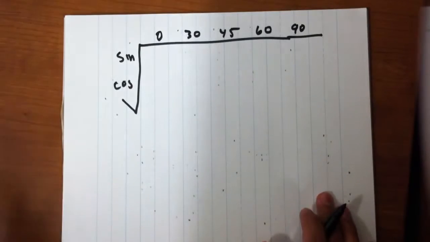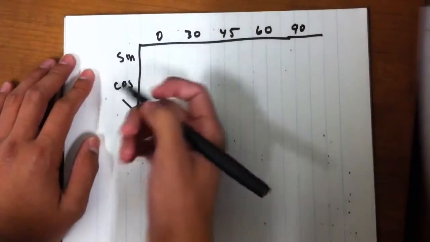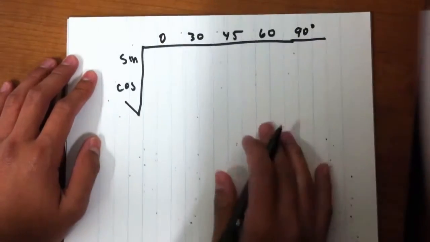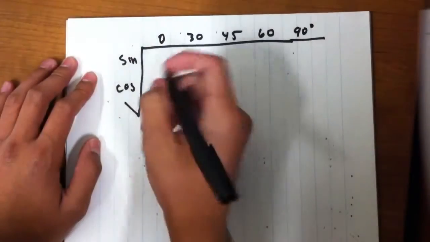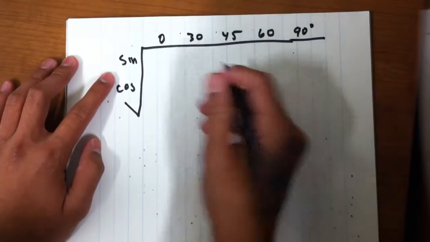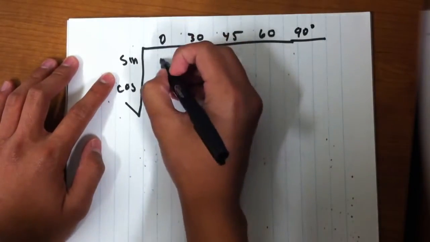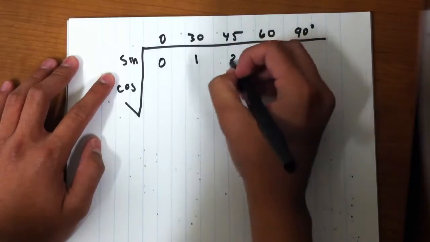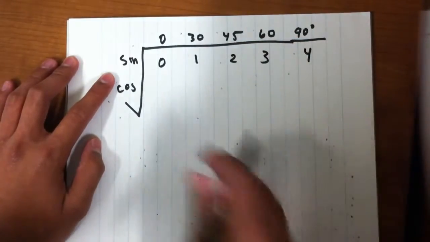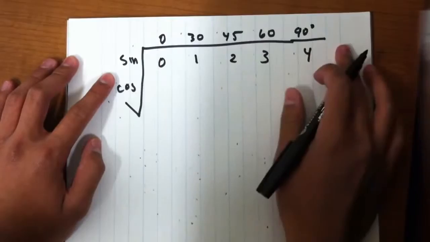This is going to teach you how to find the exact values without having to memorize anything. And these are degrees, of course. Then after sine, you increment from 0 to 4 in increments of 1. So you start with 0, 1, 2, 3, 4. Make sure you align them so it could be clear.